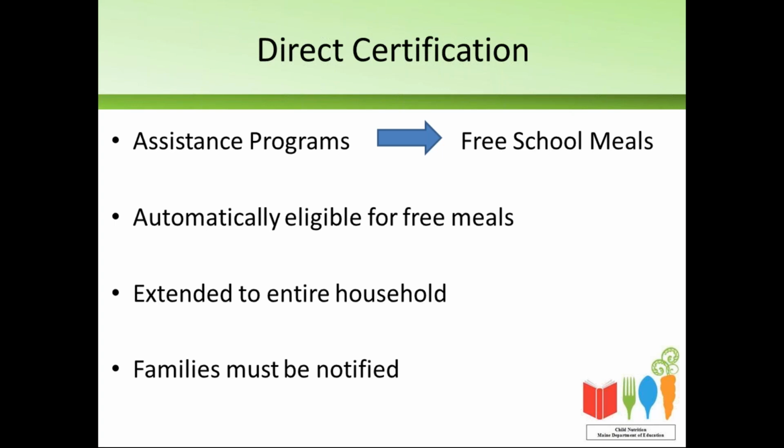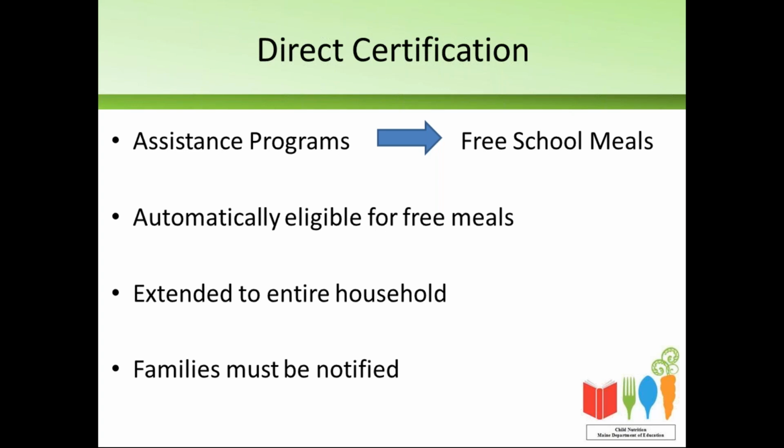What is direct cert? It's a federally mandated process matching those eligible for assistance programs with the state agency and the local education authority to receive free school meals. Any child listed on the direct cert list is automatically free. That benefit is extended to all children living in that household.